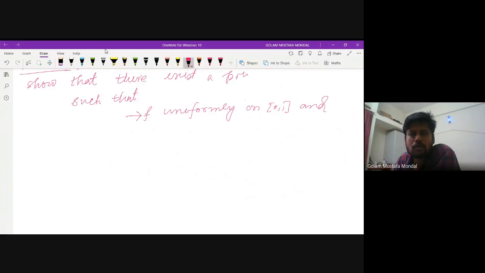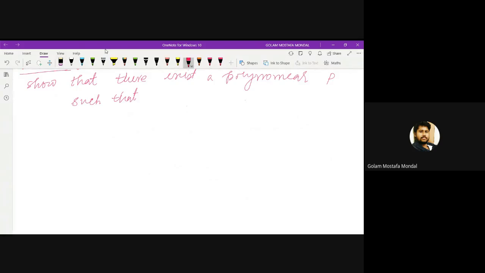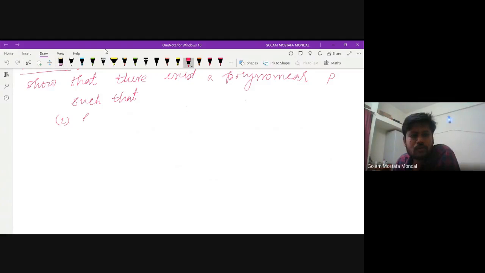So that there exists a polynomial P such that, for every epsilon greater than 0, supremum over 0, 1 of px minus fx is less than epsilon.